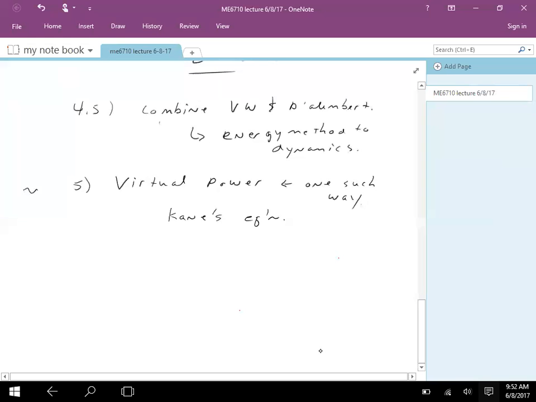And they're written like this. The d/dt, that's just the time derivative, of the partial of L with respect to q_k dot, and I'm going to explain what these are in just a minute, minus the partial of L with respect to q_k equals Q_k, where L is the Lagrangian, and it's equal to T minus V, and T is the kinetic energy.